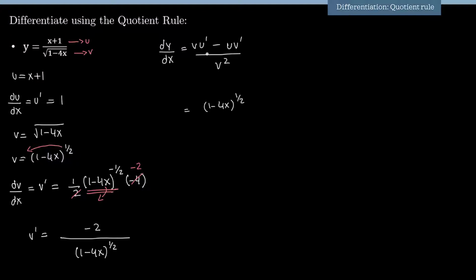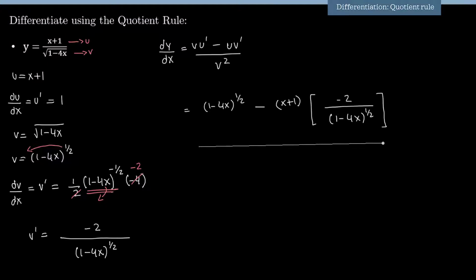Then u prime is just 1, then minus u, which is x plus 1, and then times v prime, minus 2 divided by 1 minus 4x whole power 1 upon 2. And this all is divided by v squared. V is this, so 1 minus 4x whole power 1 upon 2, whole squared. This is dy upon dx.